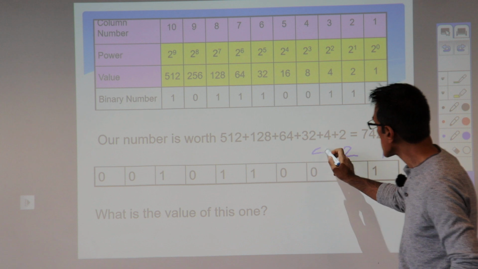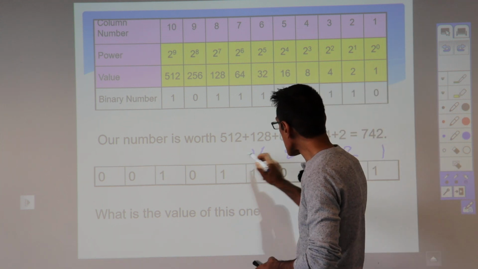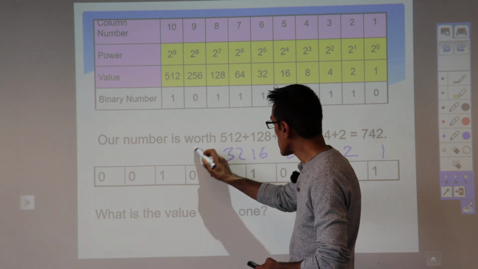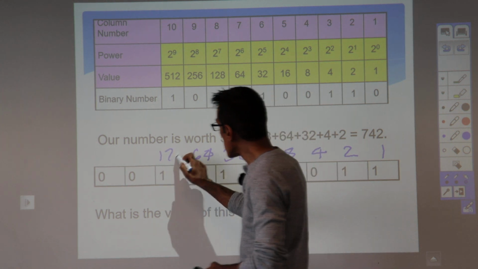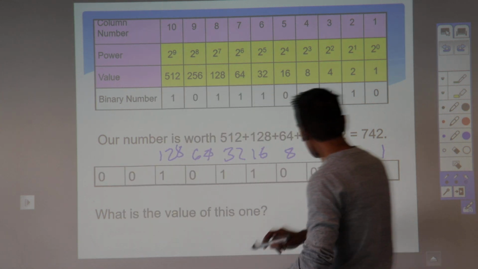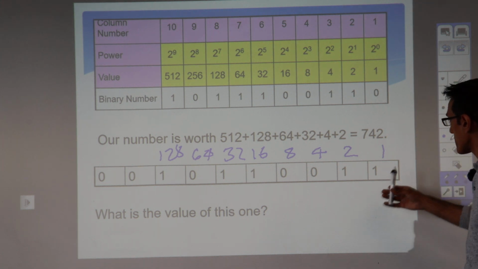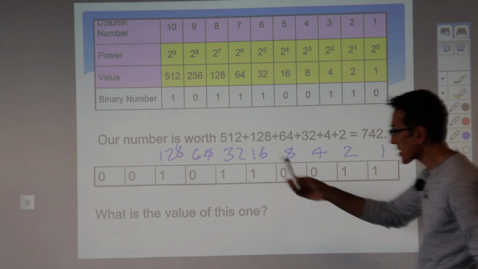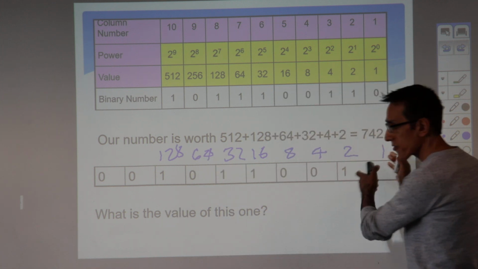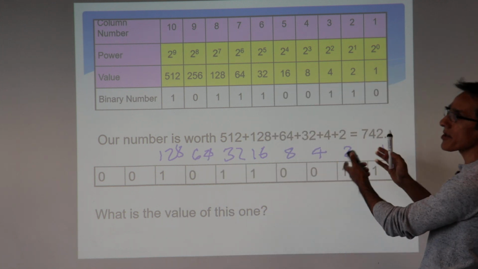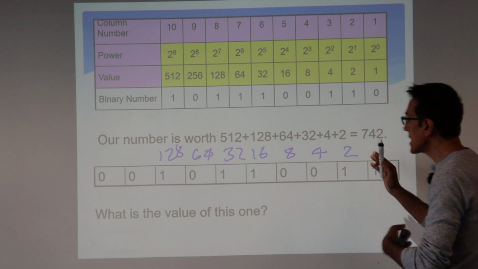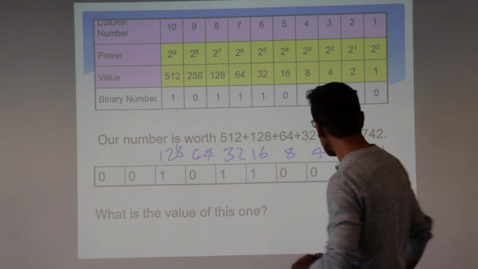So 1, 2, 4, 8, 16, 32, 64, 128. We don't need those ones. Notice how I started from the right hand side, and that's what I would recommend that you do as well. Don't start from the other way, because going from the right is easier, since all you're doing is really multiplying the numbers by 2 each time.